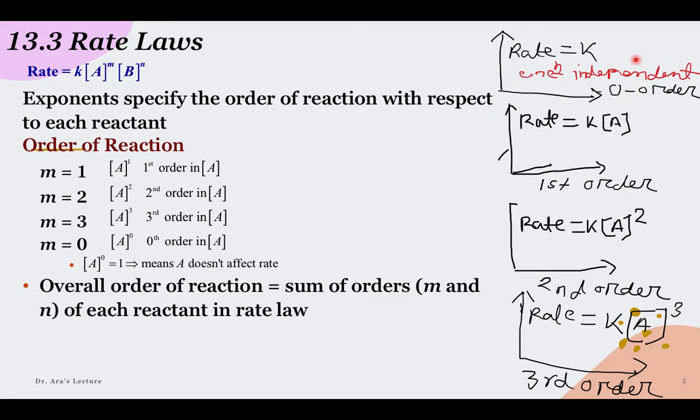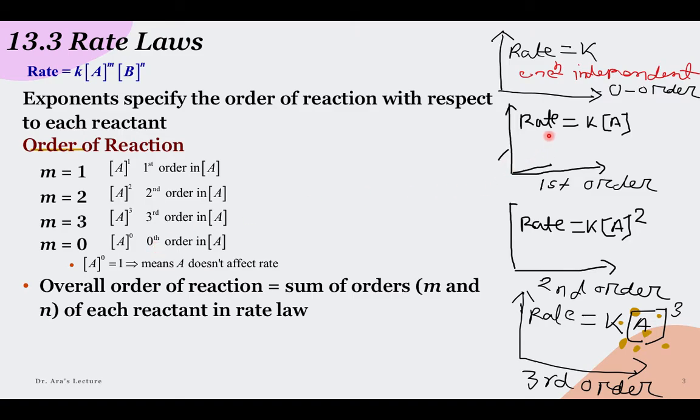On the right side, we can see the zero order reaction, where rate equals k. This zero order reaction is actually concentration independent. So if the power m value is 0 with respect to, for example, A, then we will consider this reaction order is 0.